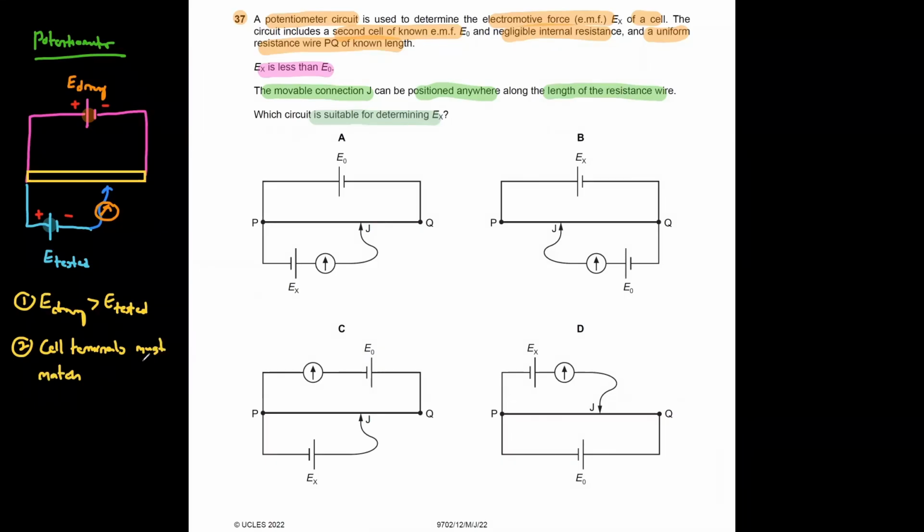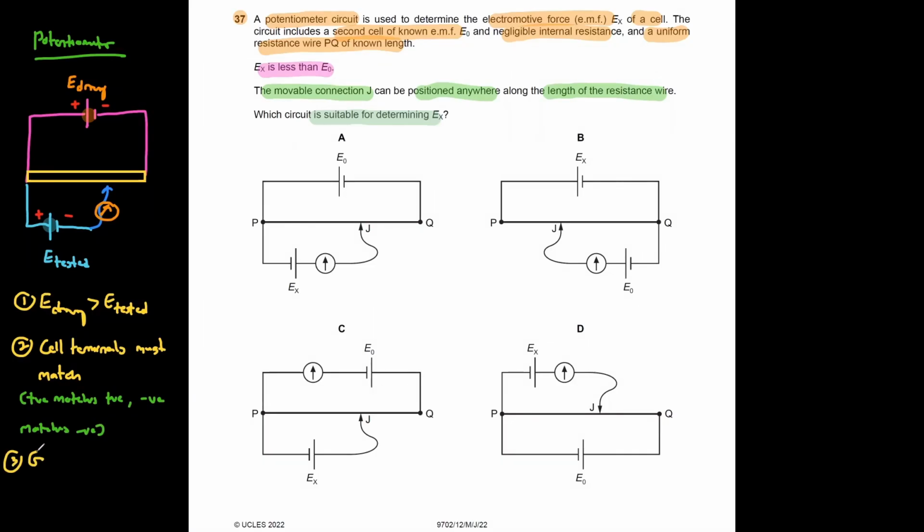This means that positive matches positive, negative matches negative. All right, this is the second point to note. And then the last thing to note would be something that I've just mentioned.